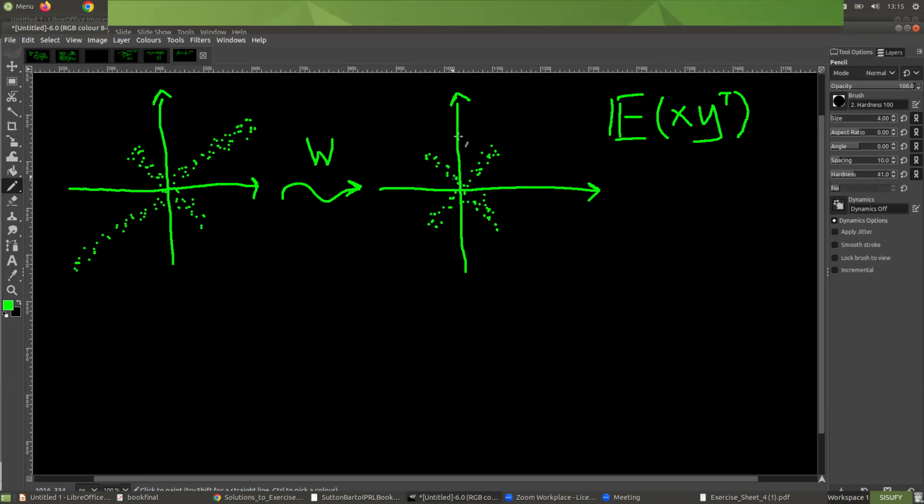Now you can see that because these both are symmetric around zero, horizontally symmetric and vertically symmetric, the mean of this dot product is always going to be zero for these two different coordinates. So indeed, the covariance matrix is identity, but these are not independent. So this is an example where zero correlation does not imply independence.